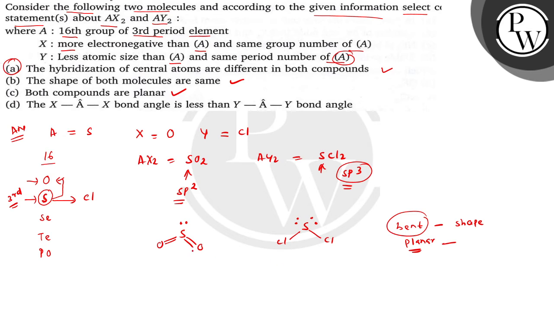Now if you see the bond angle, here the bond angle is alpha and here the bond angle is beta. ठीक है, यहाँ पे there is only one lone pair of electrons and here there are two lone pairs of electrons.